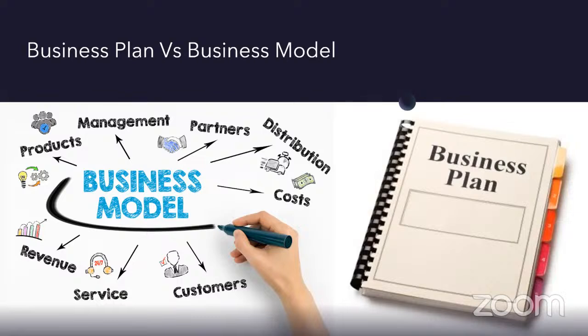However, the business model is just a snapshot of your business. It gives a sudden image of the business. So you have it in a concise one paper, one form, and we can see it later.